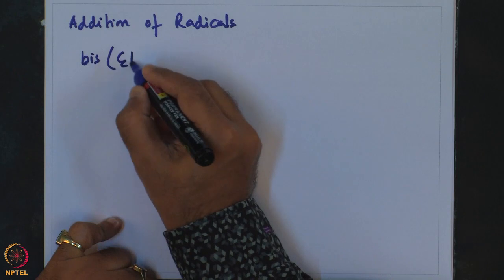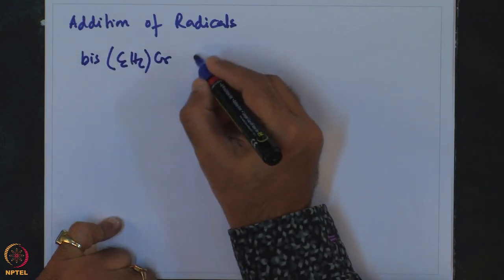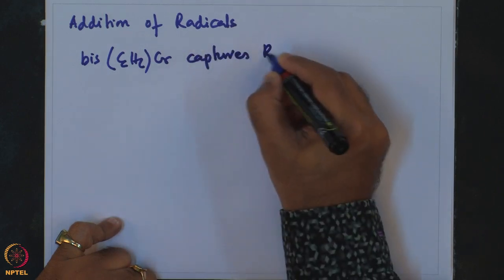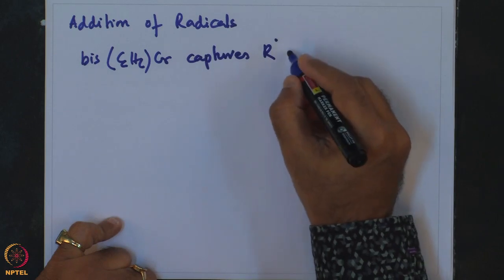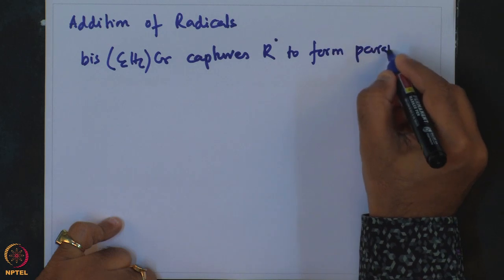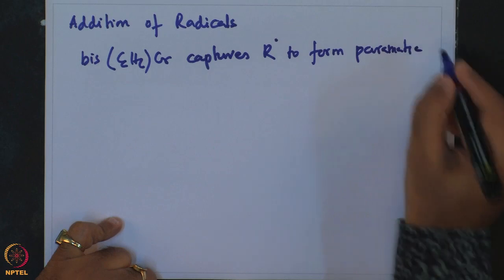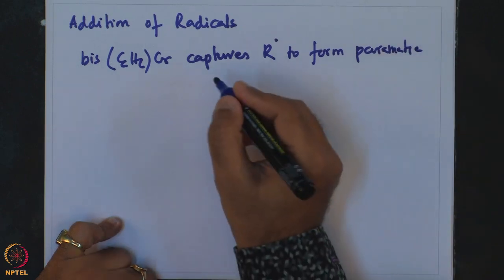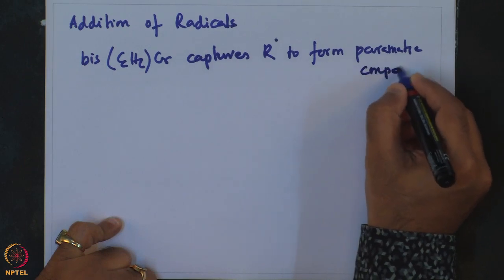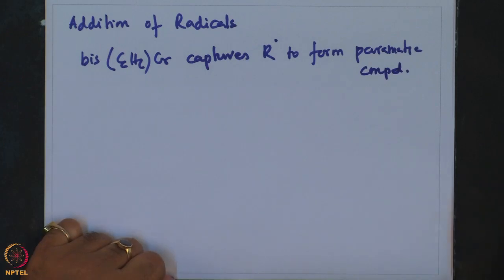Bis-benzene chromium captures a radical to form a paramagnetic compound, and this is illustrated as shown over here.